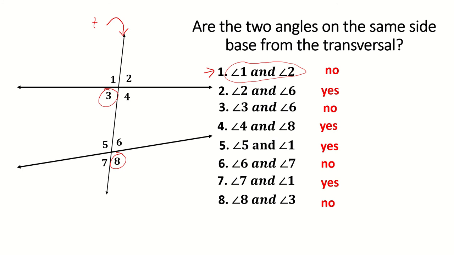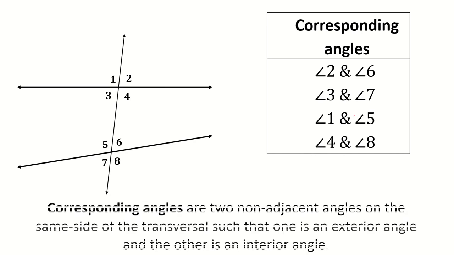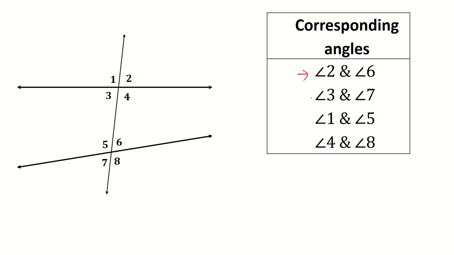The first angle pair formed when lines are cut by a transversal would be corresponding angles. So here are some examples. Angles 2 and 6, angles 3 and 7, angles 1 and 5, and angles 4 and 8. These are four examples of corresponding angles. And again, these are angle pairs, so that means two angles at a time only.